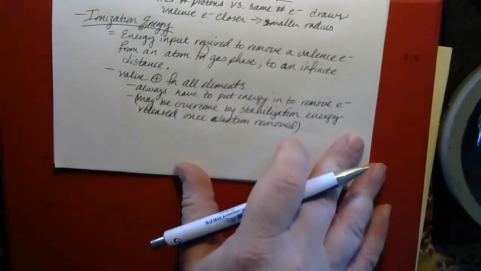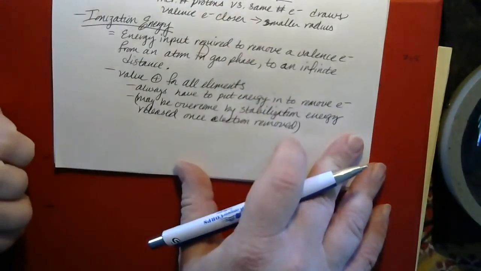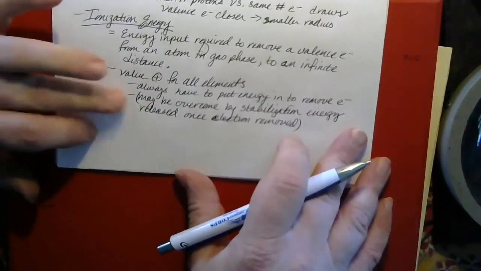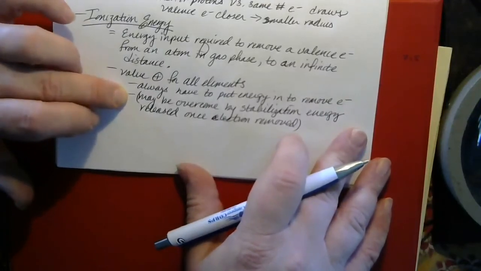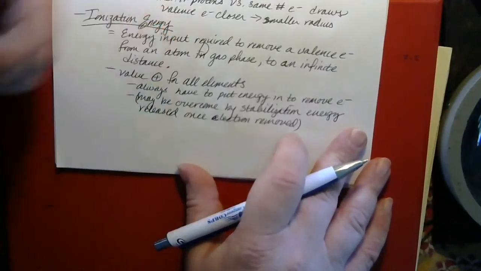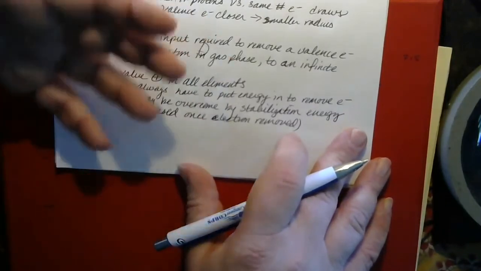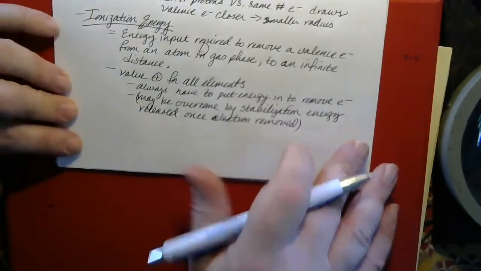And the amount of energy it releases when it's stabilized is actually much greater than the amount of energy you have to put in to get the electron away from it. And so overall, the process is actually spontaneous because the amount of energy that's available to be released due to stabilization is so much greater than what you would have to put in.